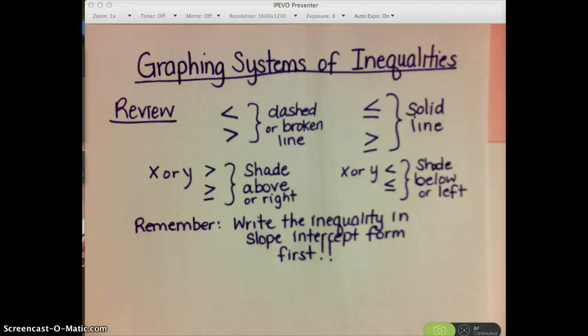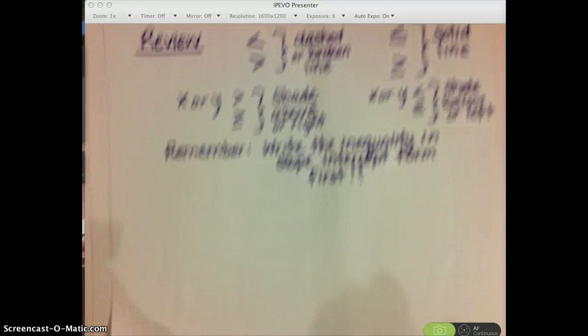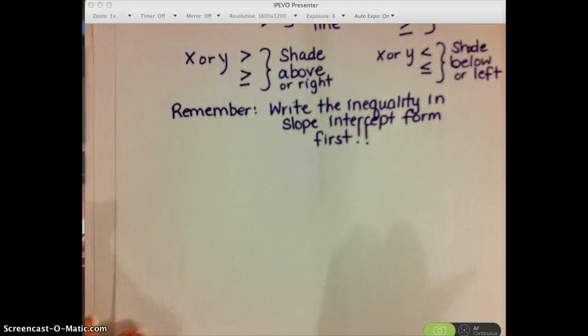So now we're ready to talk about systems of inequalities, what they look like, and how we determine the actual solution. So first thing we're going to do is talk about how to solve a system of inequalities.